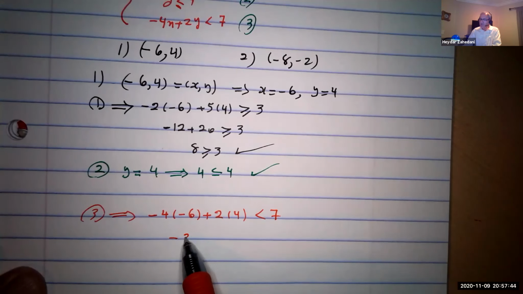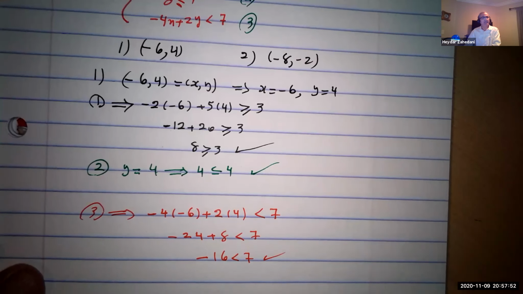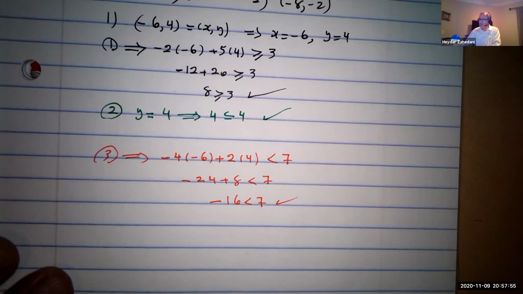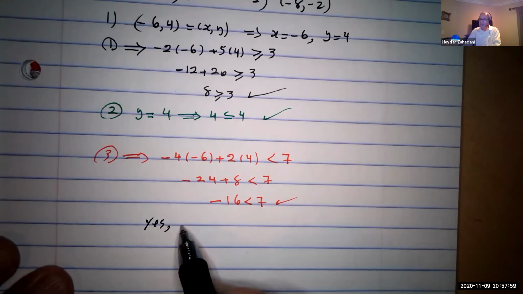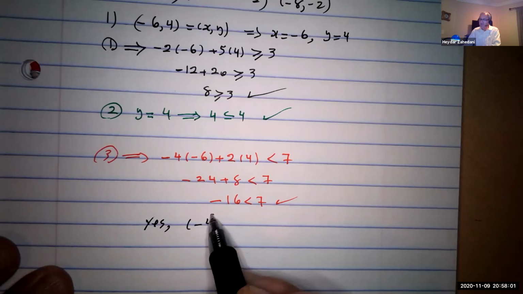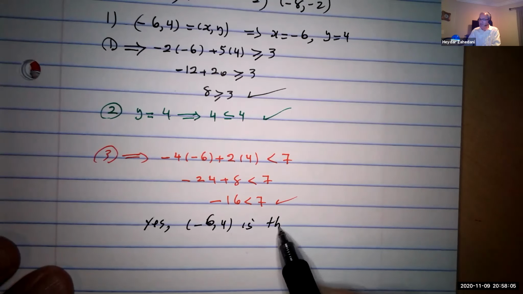So that gives a negative 24, plus 8 less than 7. So that gives a negative 16 less than 7. So it does satisfy. The conclusion is going to be yes, negative 6 comma 4 is the solution.